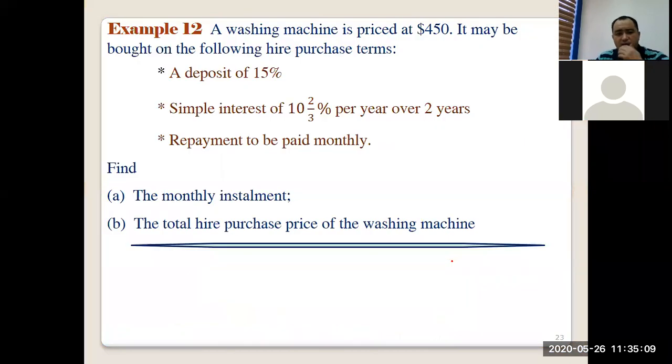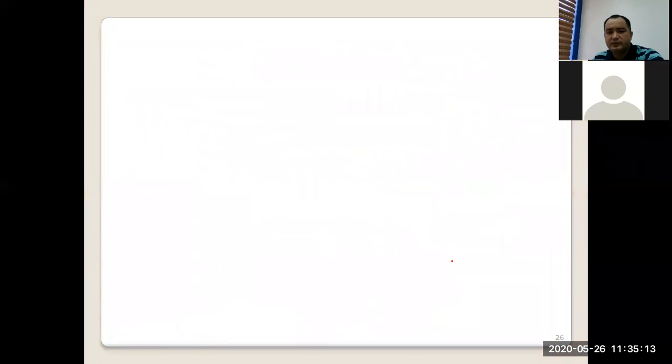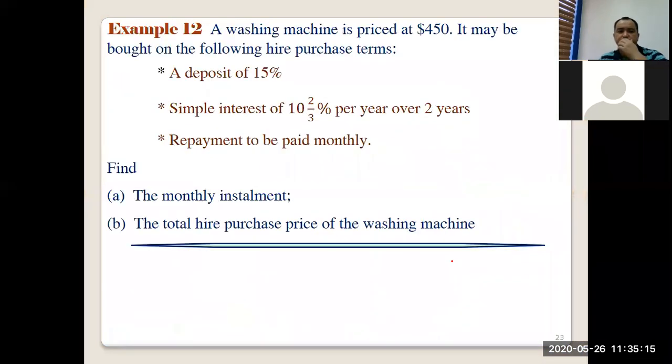Let's see how many examples we have. Maybe 2 examples. Okay, that is enough. Another example: a washing machine is priced at $450. Price means this is the cash price. It may be bought on the following hire purchase terms. A deposit of 15%, that is our down payment, right?